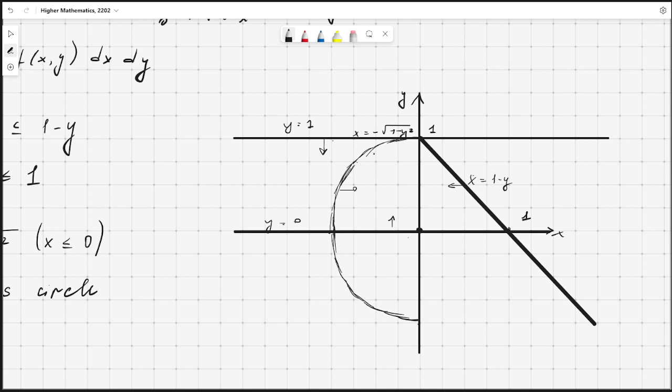It means we will have this region of integration. Then we must change the order of integration. Look, if x changes from curve to curve, then x must change from point to point, from -1 to 1.